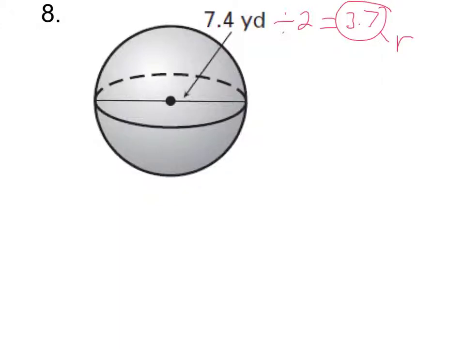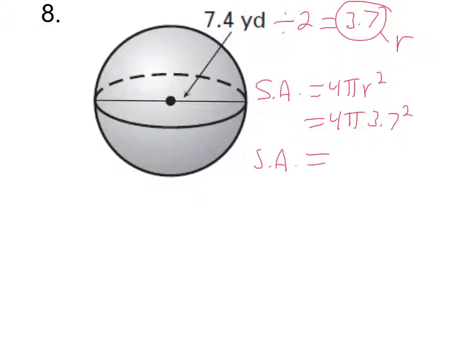All right, now if you look at your formula sheet, the surface area of a sphere is 4 pi r squared. So that's 4 pi 3.7 squared. I'm going to type in the 4 times 3.7 squared, but I'm not going to type in pi yet.